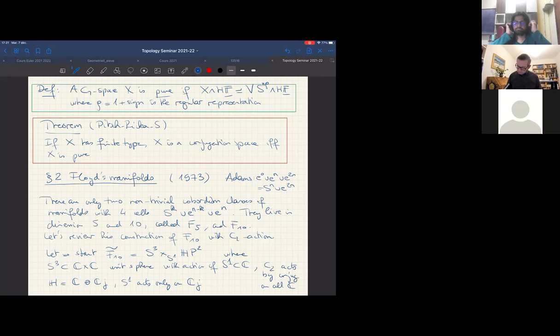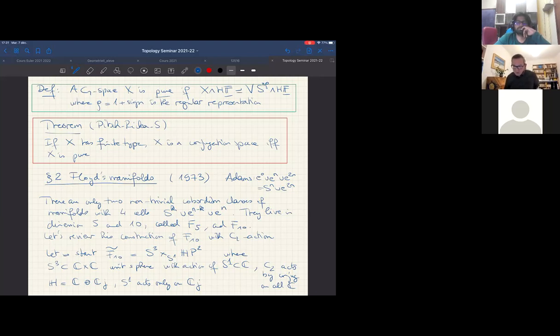So I have a little question. Sure. So the action on HP2, you think of HP2 as the projective plane in 3 copies of H, and on each of the 3 copies, yes, S1 just acts on the second thing. Okay. Yes, exactly. So it's like 3 copies of that representation or something like that. Got it. Okay. Yes.